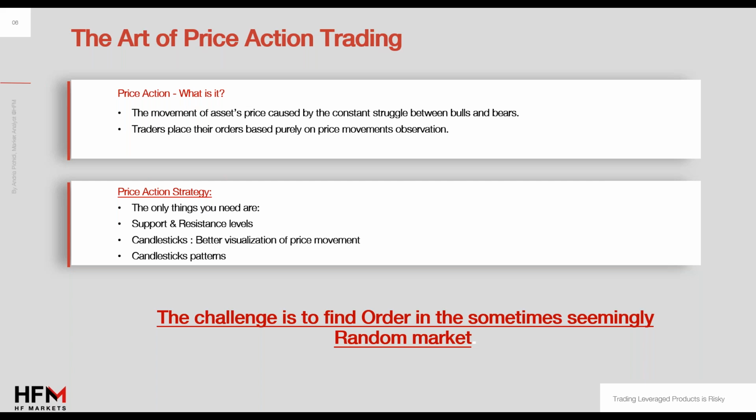So preferably we use candlestick charts. They help with visualizing price movement better, simply because they display open, high, low, and close values in the context of an up day or a down day. This way, by having candlesticks, we can also spot candlestick patterns.